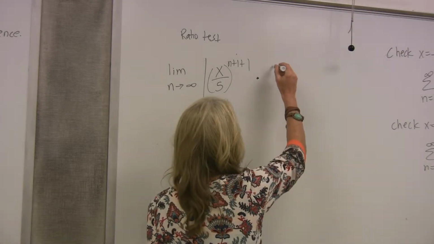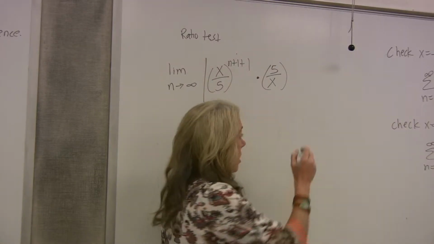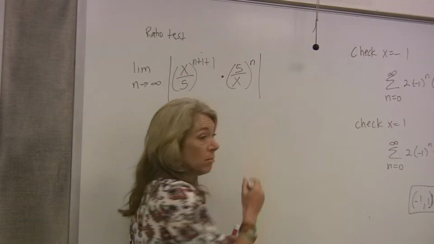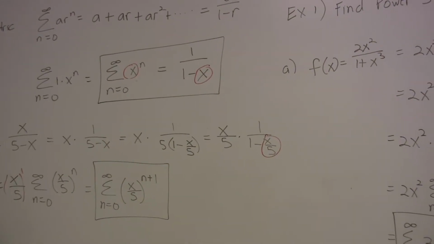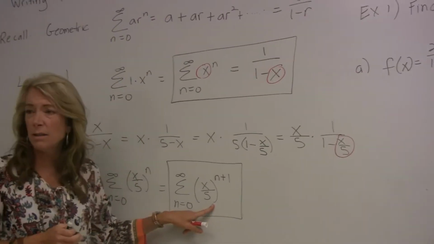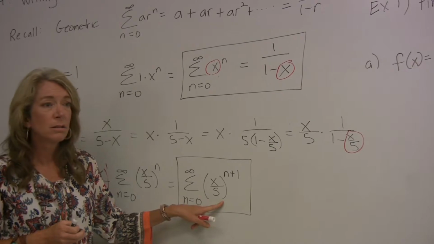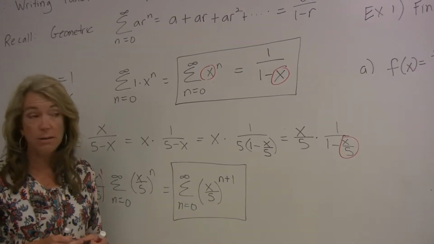Divided by x over 5, which is now 5 over x, to the n plus 1. Oh, you have a plus 1, thank you. So that second term is just flipping this one over and multiplying instead of dividing. Dividing by x over 5 is the same as multiplying by 5 over x.